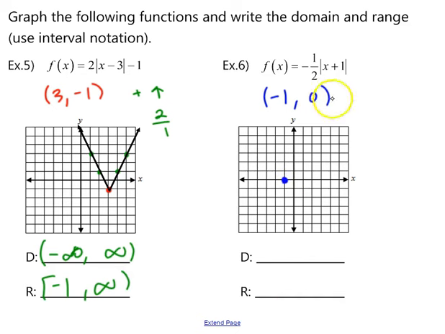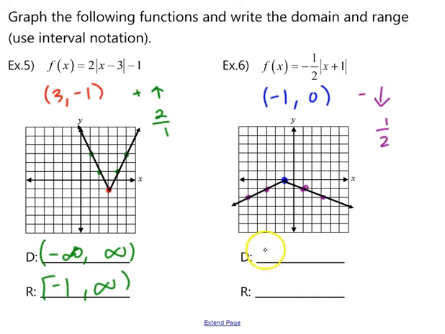And then, take a look here. We have negative, which means it's going to open downwards, and then our slope change of 1/2. So we're going to go down 1 over 2, down 1 over 2. And same, down 1 over 2 to the left, down 1 over 2 one more time, so that we can connect our points to create our graph.